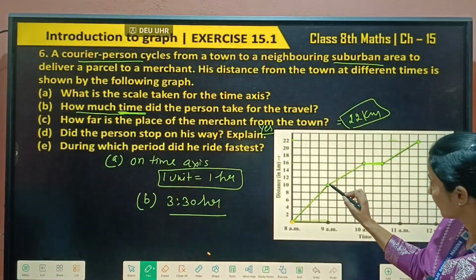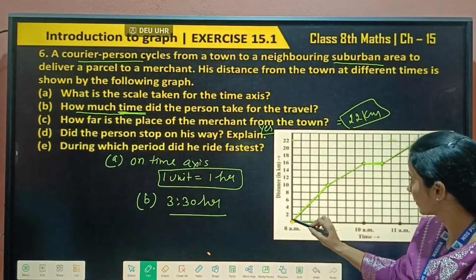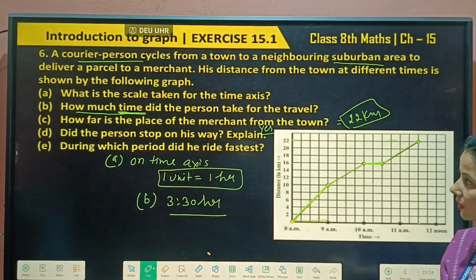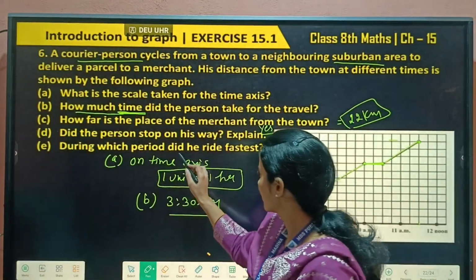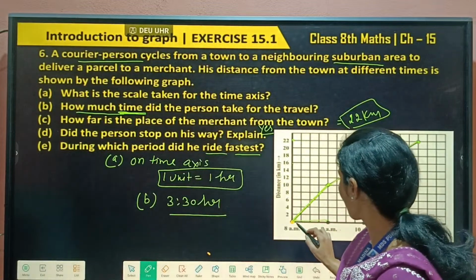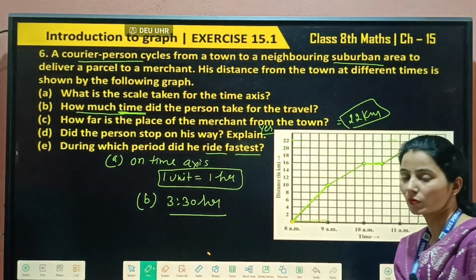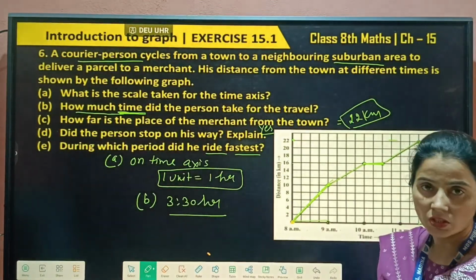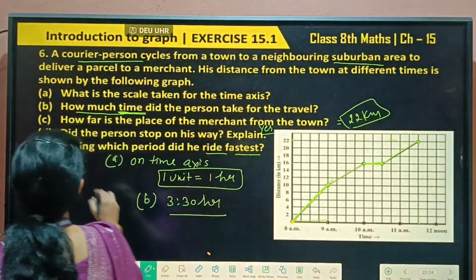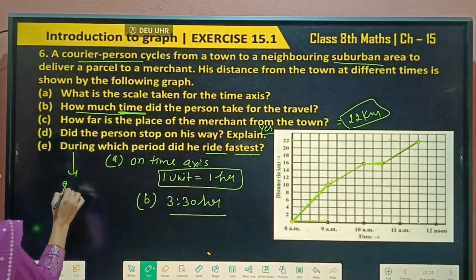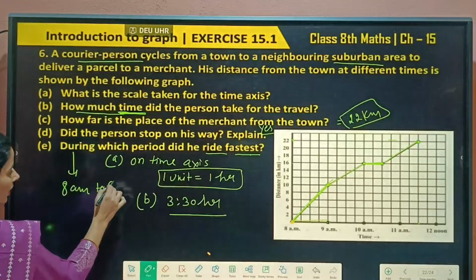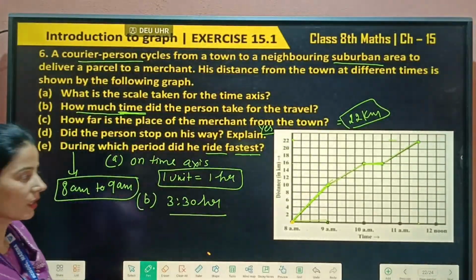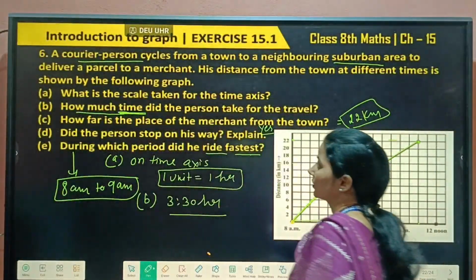I think the maximum rapid is at this point, 8 a.m. to 9 a.m. So during 8 a.m. to 9 a.m. he rode fastest. The E part answer will be during 8 a.m. to 9 a.m. he traveled fastest. Question number 6 is completed.